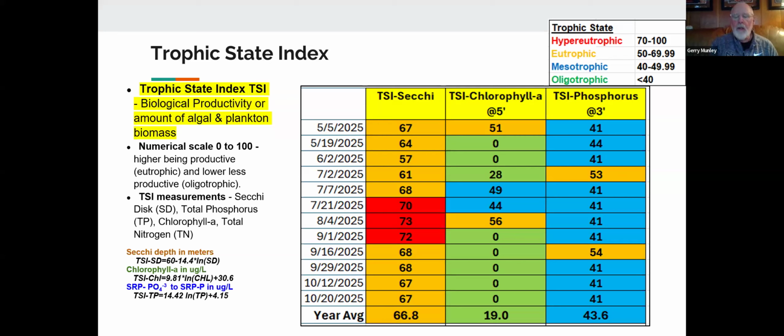Even though I included the equations and calculations for TSI, chlorophyll a, and phosphorus, I know that there are some questions about those. The chlorophyll could be misleading. It's a very small quantity being measured in millionths of a gram, and suspended sediments and non-algal sources could also alter the results there. And our phosphorus is not total phosphorus.